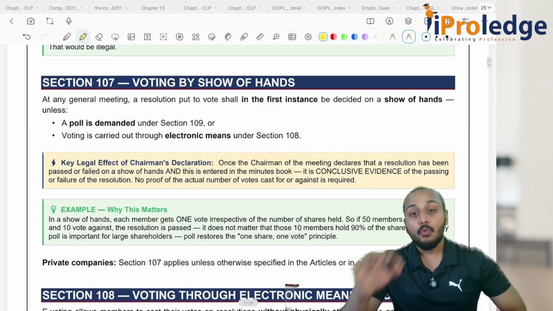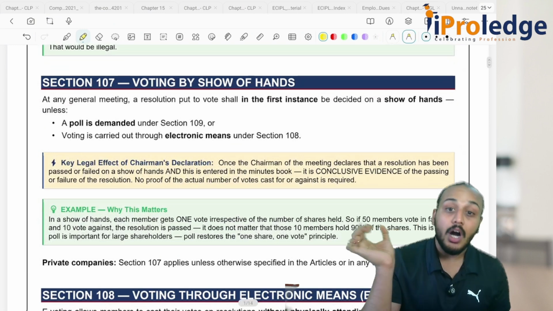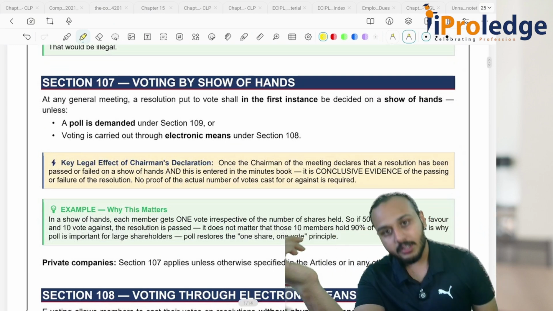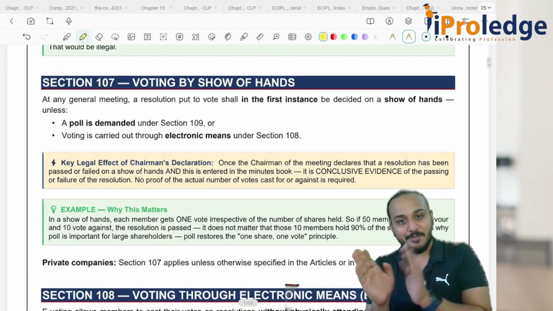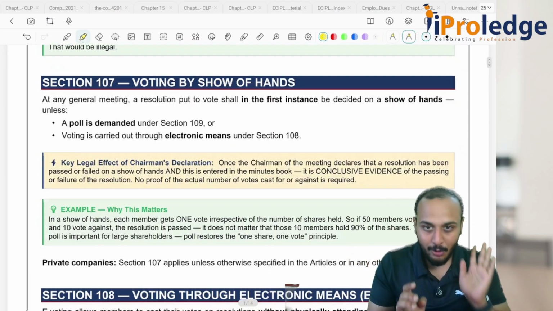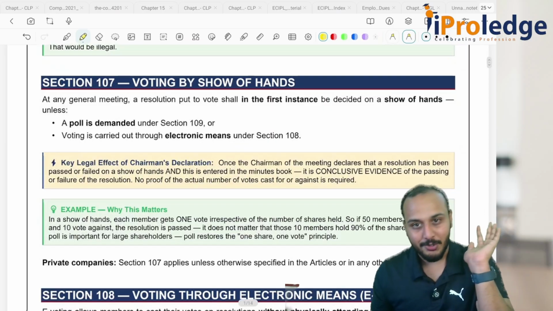Everyone around you will understand whether you cast the vote against the resolution or for the resolution. That is the difference from all the other types of voting. Only in show of hands you get to know who voted for which resolution.